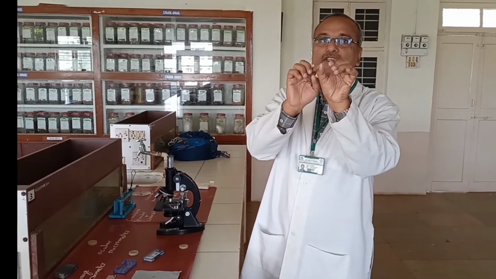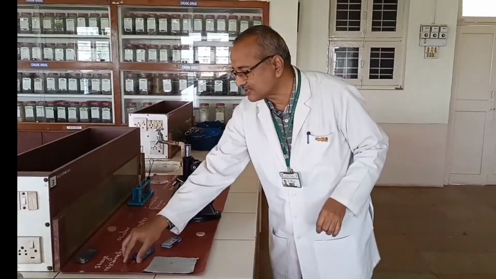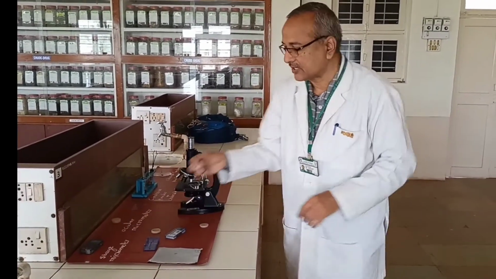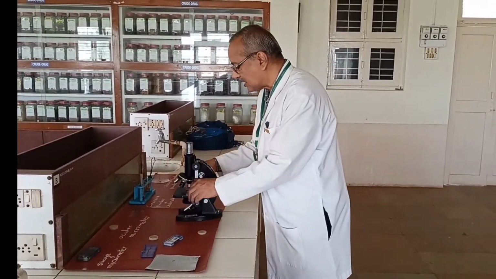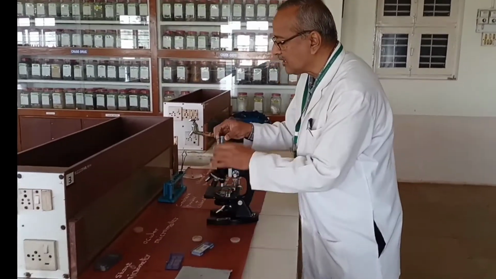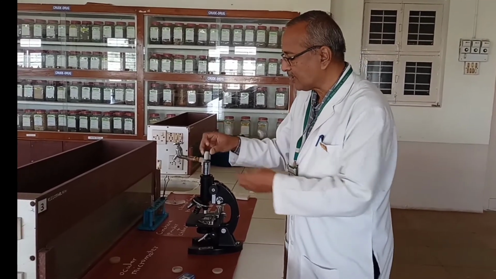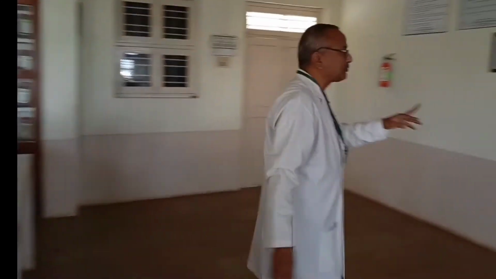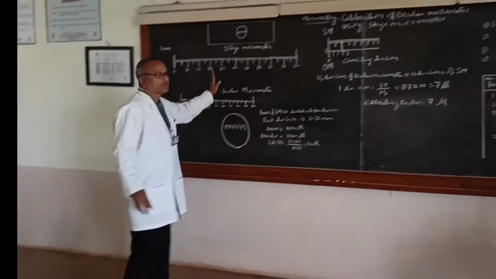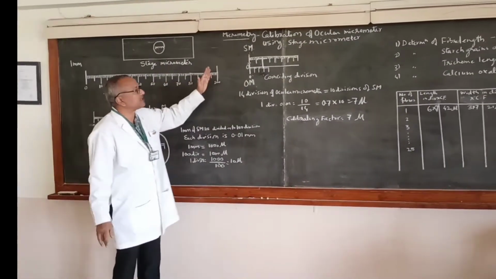Only the divisions can be seen here. The stage micrometer is to be kept on the stage of the microscope, and the ocular micrometer is to be inserted into the eyepiece of the microscope itself.